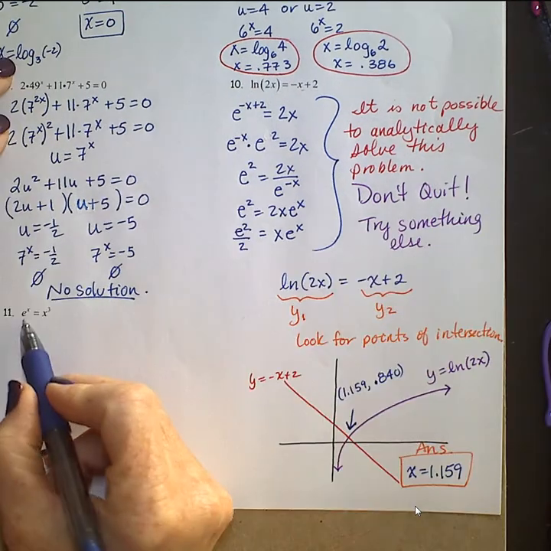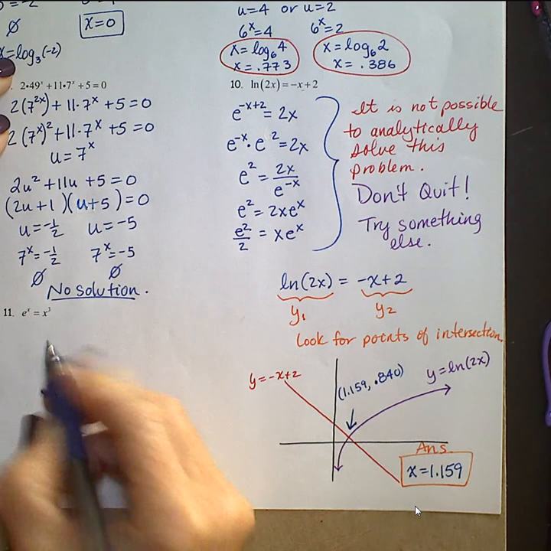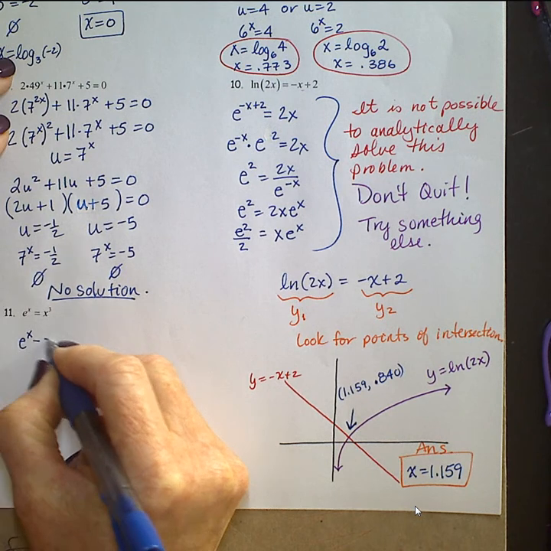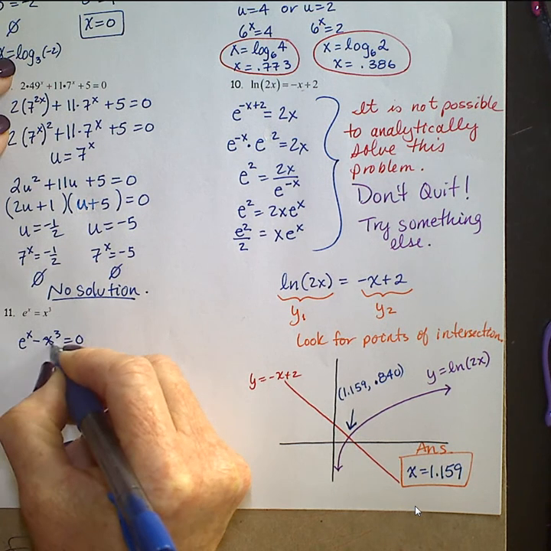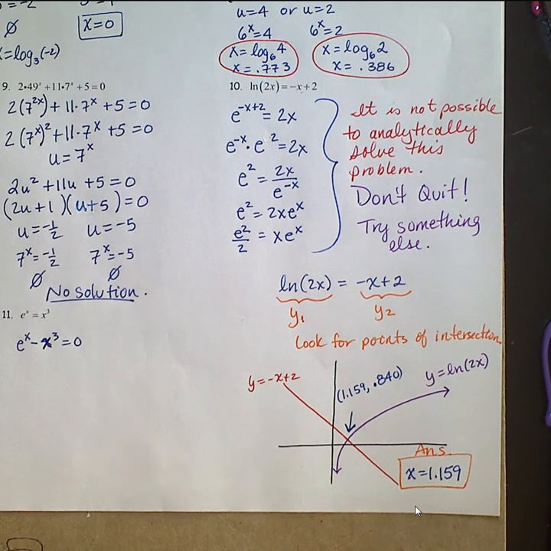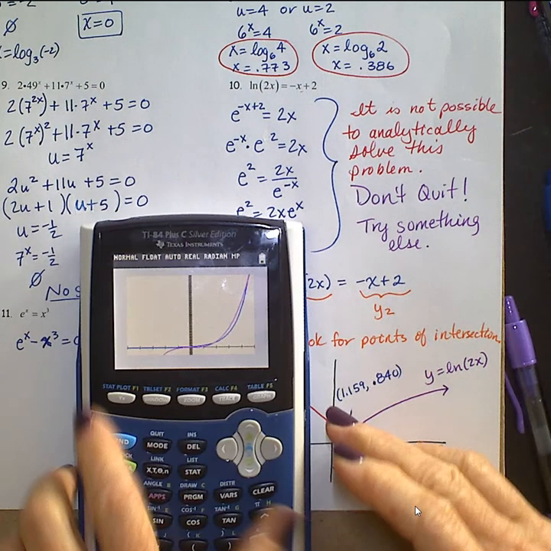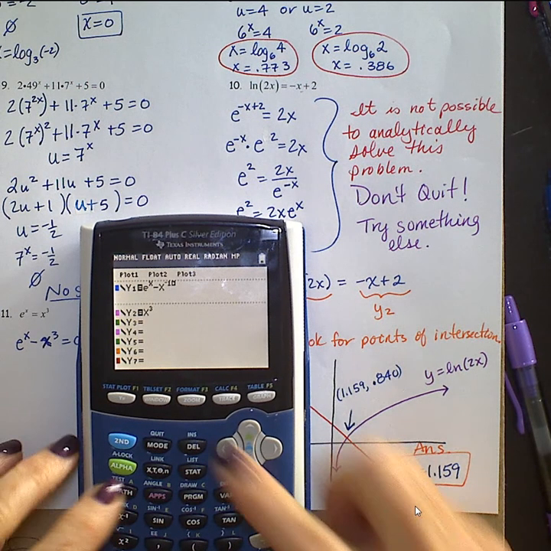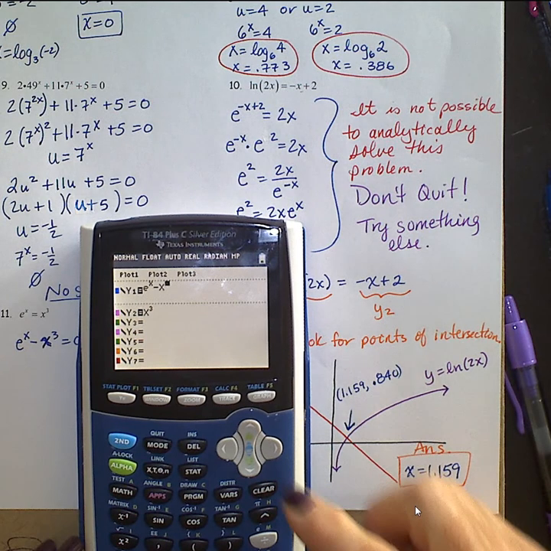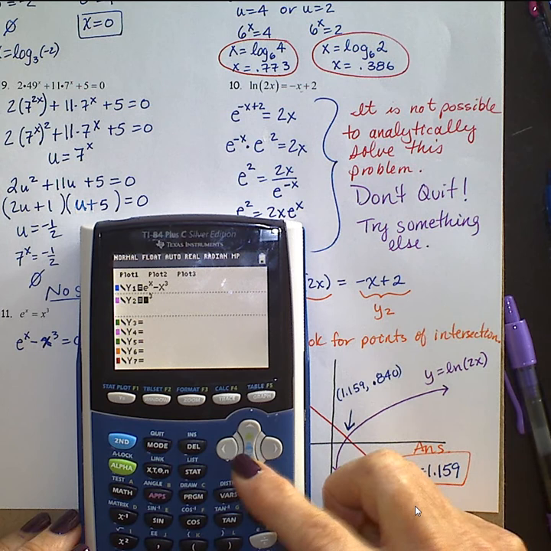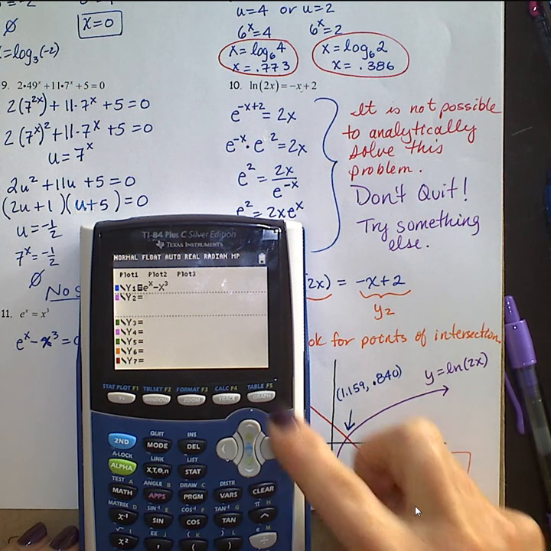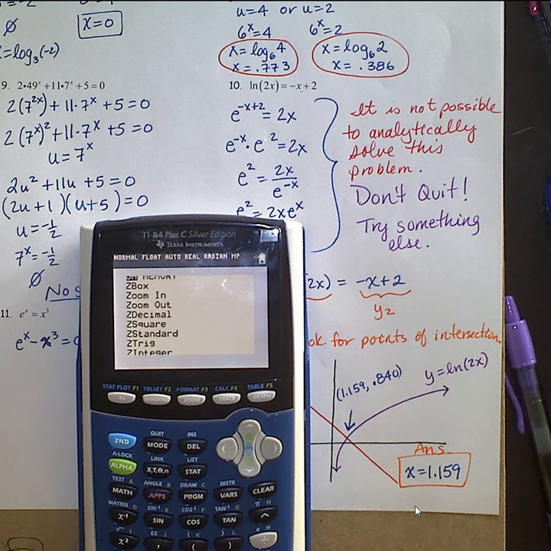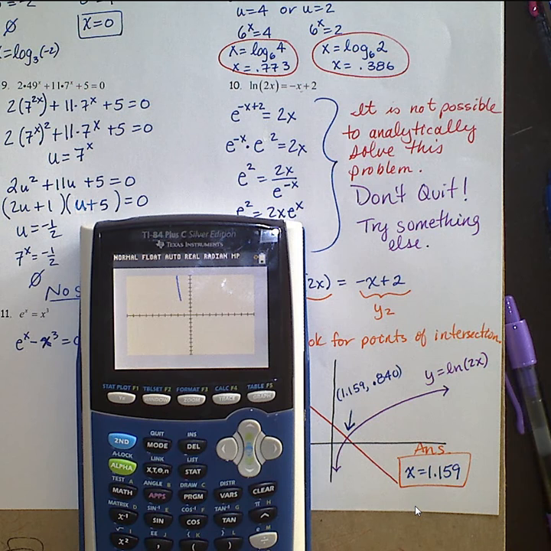Instead of putting this in y1 and this one in y2, what if we did this? So we subtracted that x cubed over. So now, what do you look for?